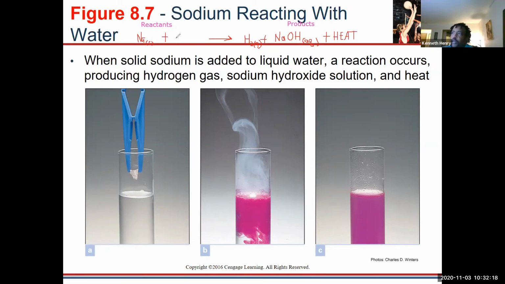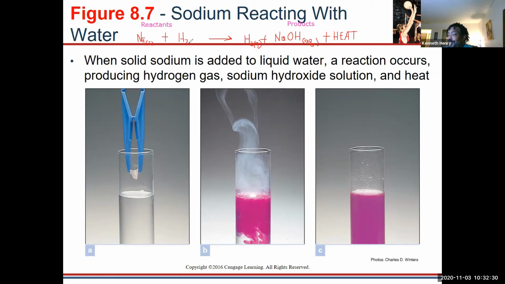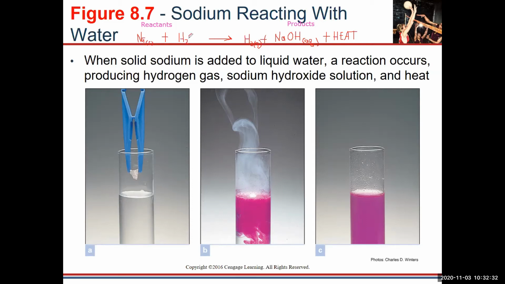And water? H2O, and then liquid. Do you have to put liquid? Yes, we do. So we're going to put (l) there.